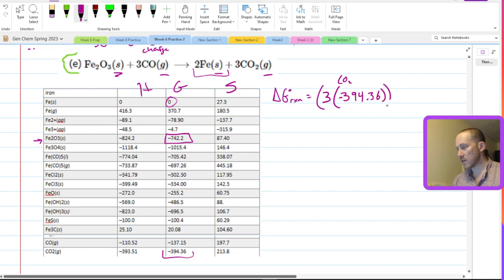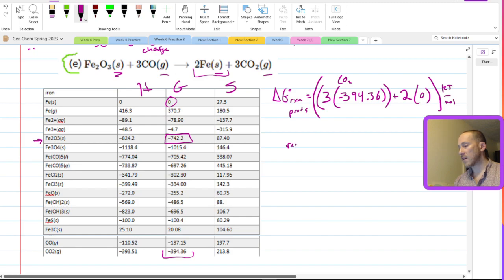That's pretty low, so that's good. Good sign. We're going to add that, since it's still our products, to the delta G for iron, which is 2 times 0. So that's convenient. Makes the math a lot easier. That was all kilojoules per mole. And this whole thing's kilojoules per mole. So that's our products.